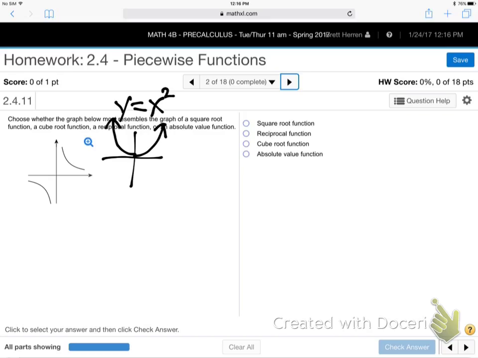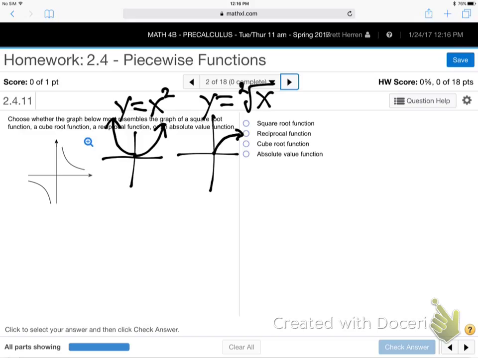That's x squared, right? And what is the square root of x? What does that one look like? Anybody know that one? It starts in the middle and goes like that. I always call it the firework. It looks like a firework you set on the ground, and it shoots off to the right like that.